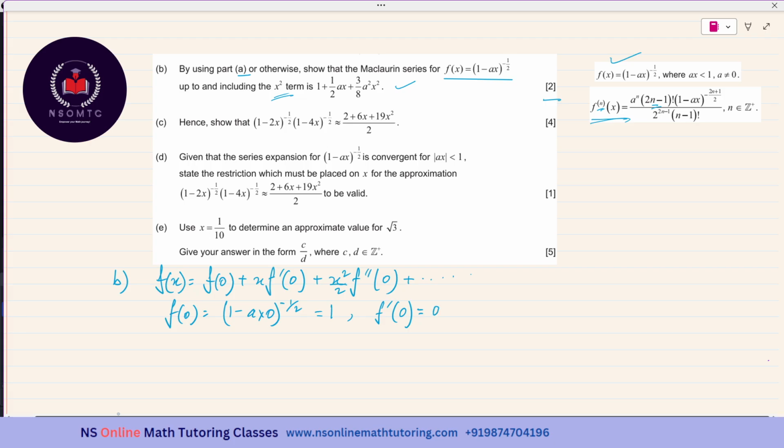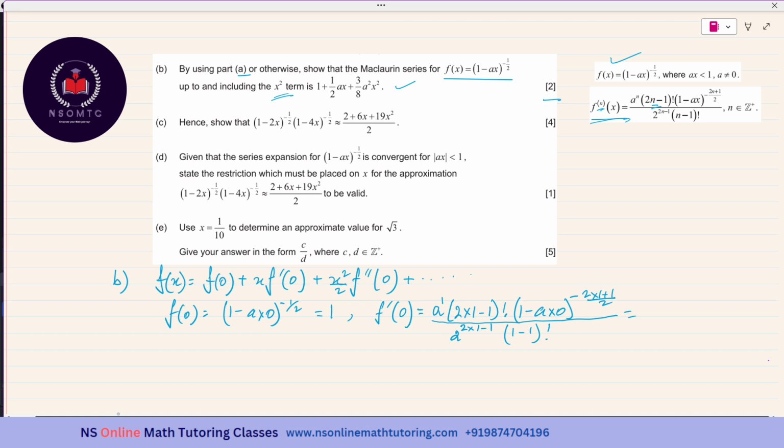So it is e raised to the power of 1 and 2 times 1 minus 1 factorial and 1 minus e times 0 raised to the power of negative 2n plus 1 over 2. So this is this, and in the denominator it is 2 to the power of 2n minus 1.